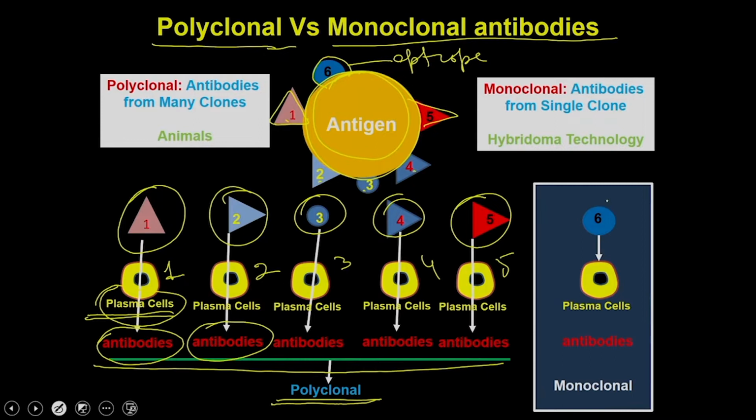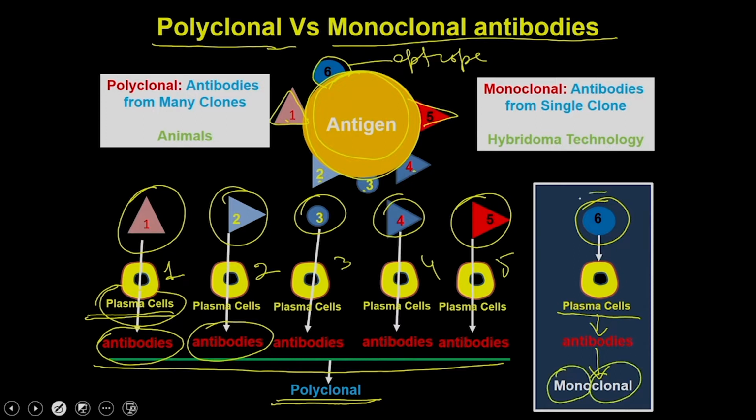Whereas, if you see epitope number 6, it is going to be processed by a single plasma cell, and that is going to give you antibodies, and these antibodies are called monoclonal antibodies. Mono means single, clonal means the clone.